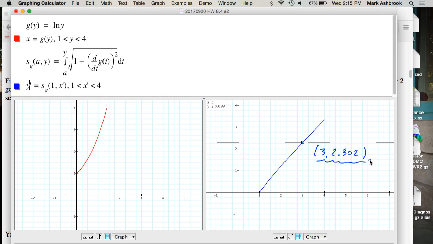Okay, where's Cameron? Cameron. Yeah? So what is 3 in terms of this graph over here? When you're talking about 3 here, how does the 3 relate to this over here?